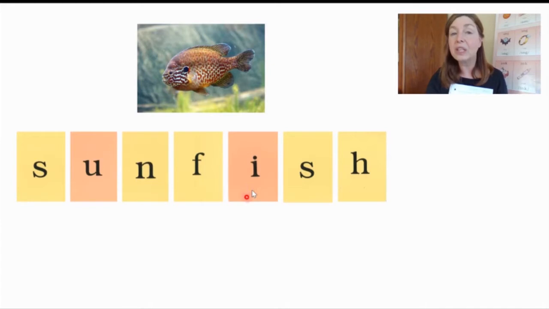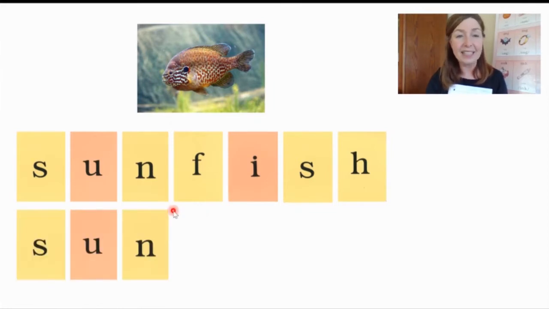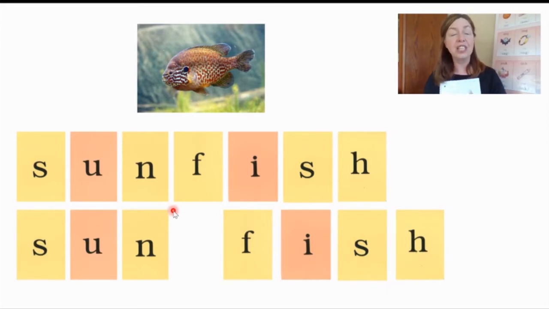So now we look to see if there are 2 consonants between them. And there are. We see the letter N and F. So we divide this word between those 2 consonants like this. Sun, fish. Touch each syllable frame as you say it.